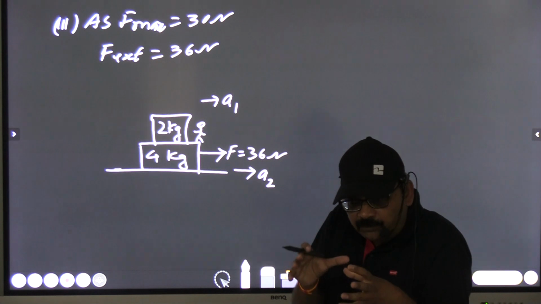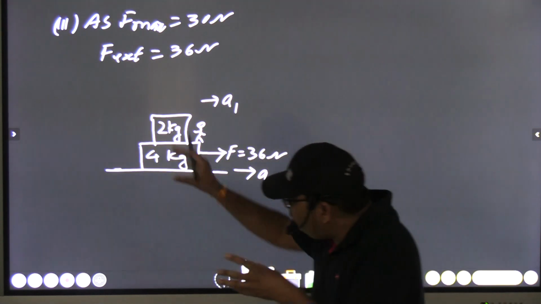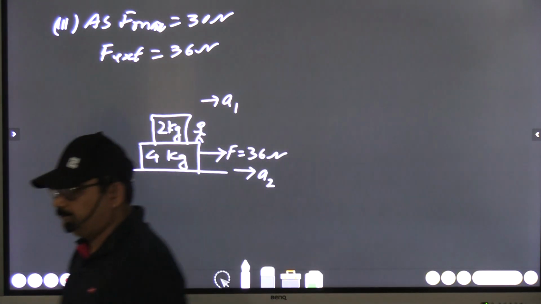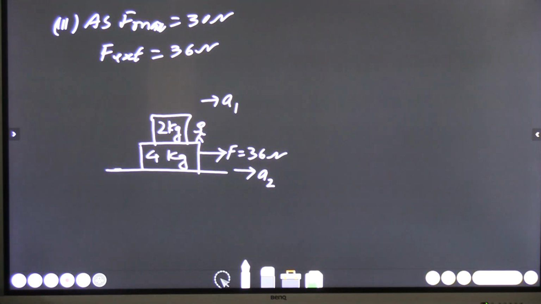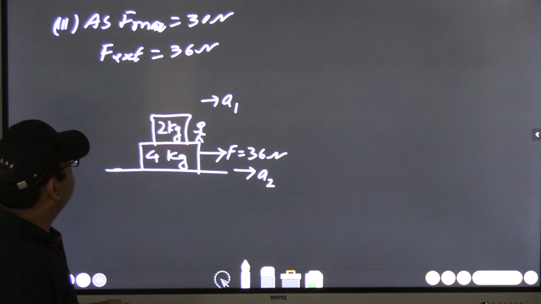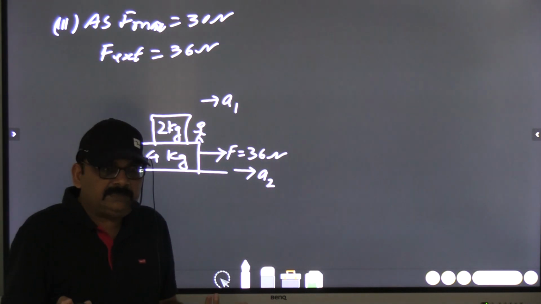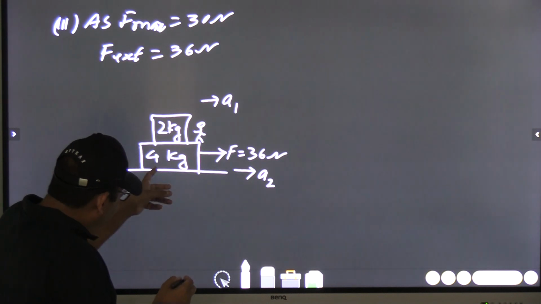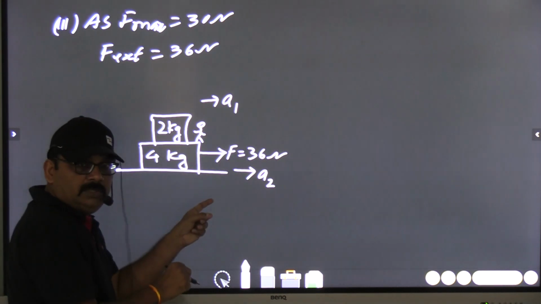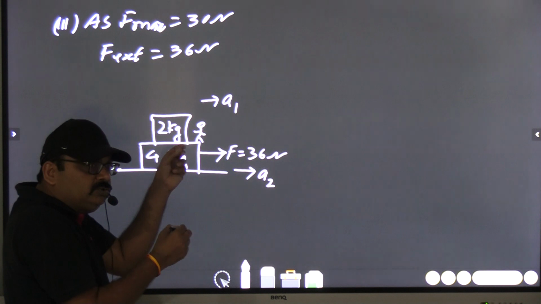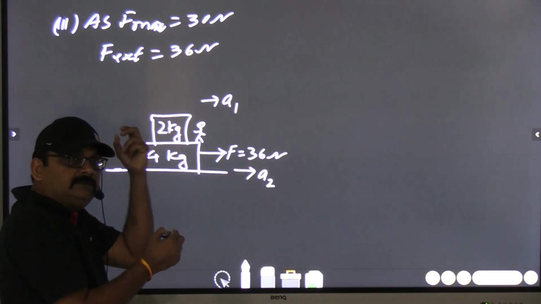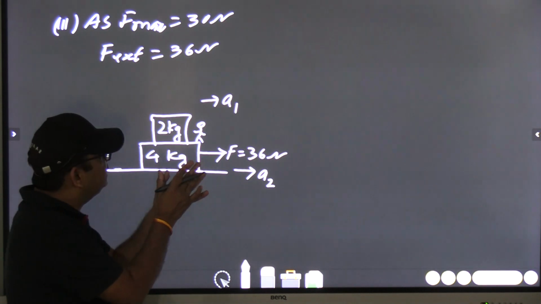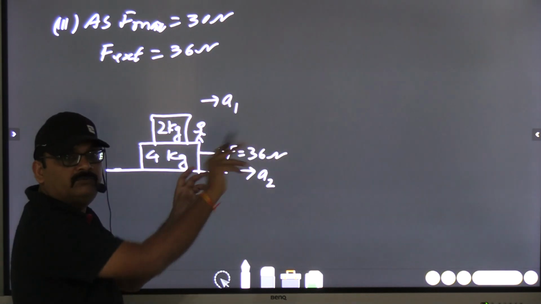Now which force will try to hold the body from sliding back? Which force? Obviously the friction, right? So now from the frame of reference of the lower block, the upper block tends to slide in backward direction, and to hold this body from sliding, the friction will act in forward direction.